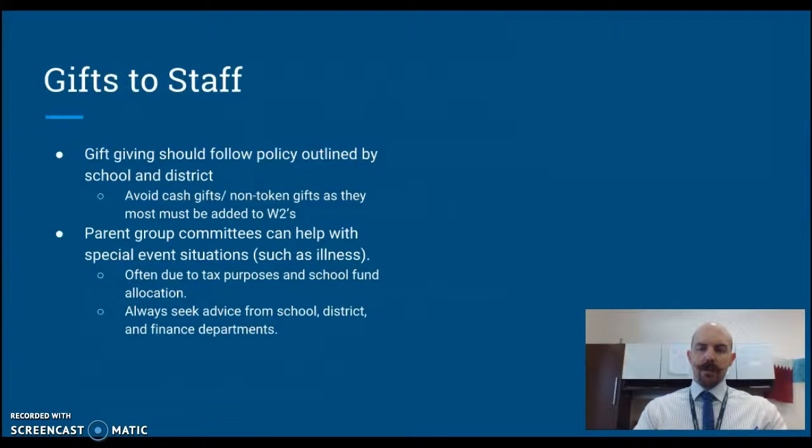Gifts should follow the policy outlined. You'll probably hear me say this a few times. Again, I think it's best to have a policy in place and that the school and staff follow that policy. As such, it's best to avoid cash gifts and non-token gifts, as if this does happen, a lot of this needs to be reported for W-2 and tax purposes.